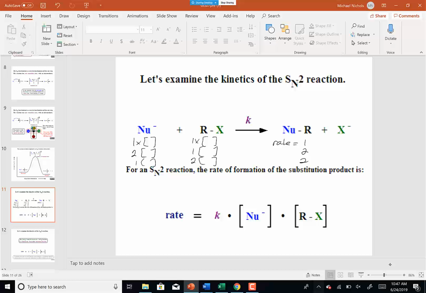So then I can write a rate equation. Rate equals some rate constant times the concentration of nucleophile times the concentration of RX, both of those being the reactants. And so what does it mean that when I doubled the concentration, the rate doubled? That means that up here there's a 1, and over here is a 1. What's the significance of this 1?